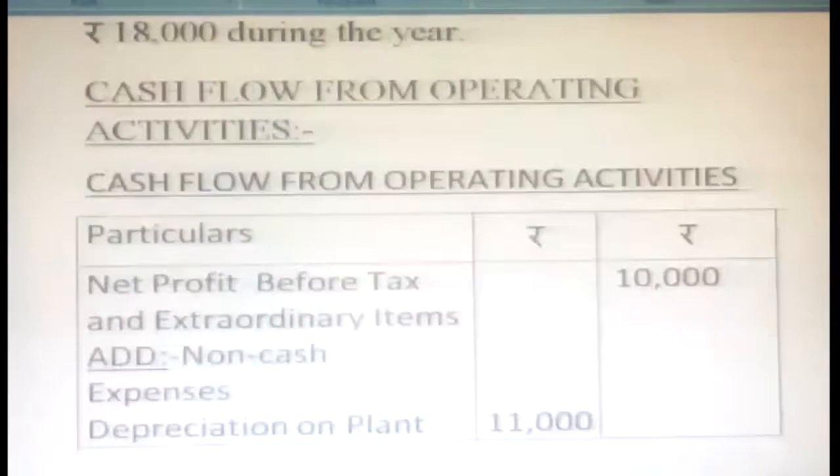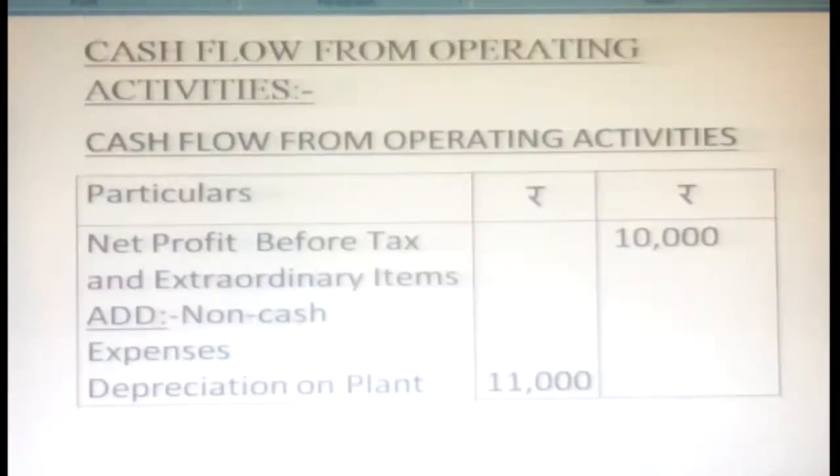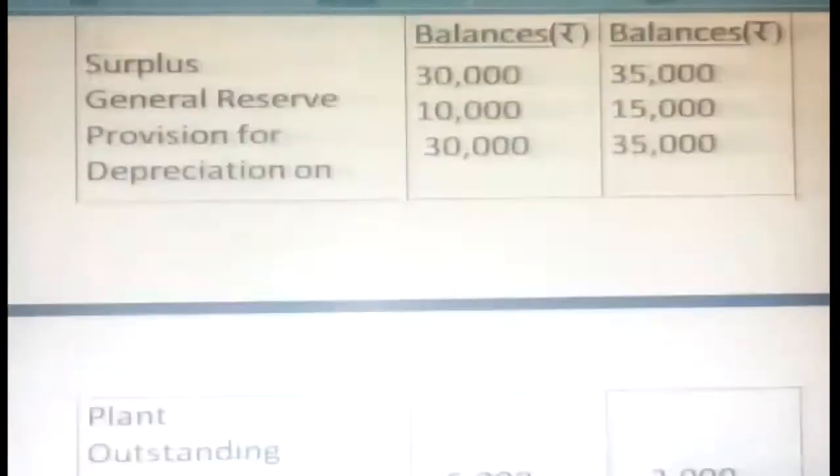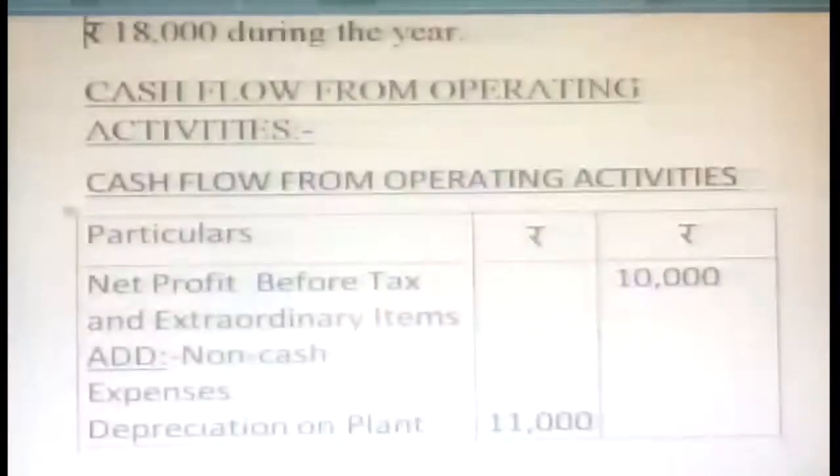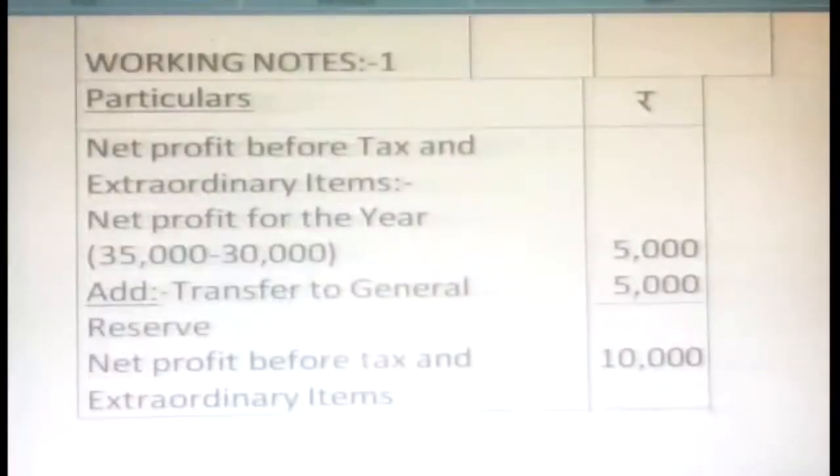Now, preparing the cash flow from operating activities, we need net profit before tax and extraordinary items. How do you know it? From the differences between opening balance and closing balance.